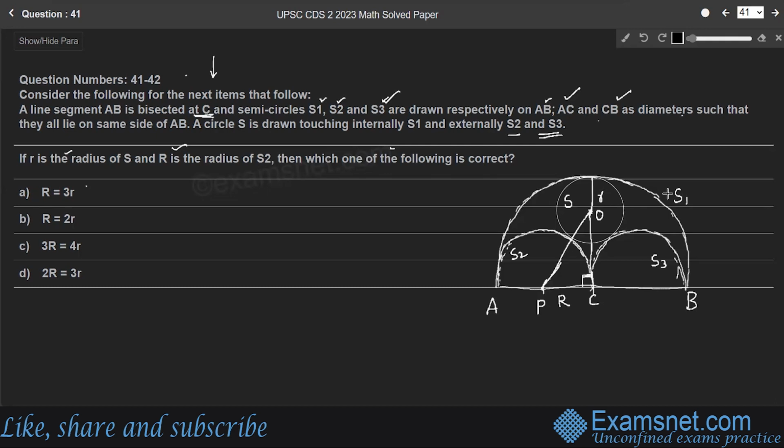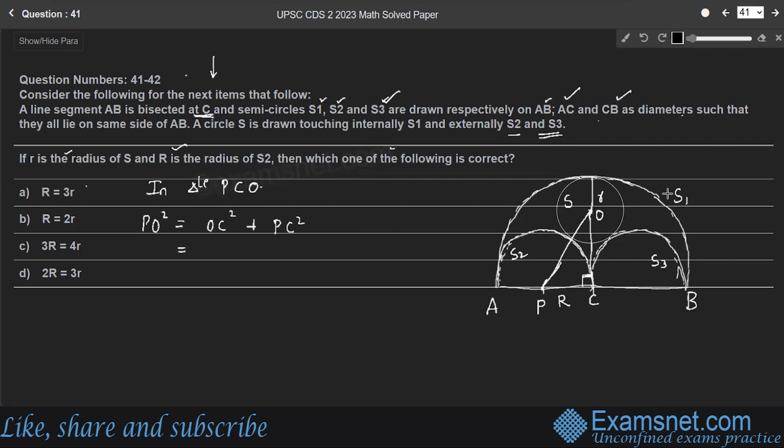Angle at C is 90 degrees. Using Pythagoras theorem, we can relate small r and capital R. How do we relate that? In triangle PCO, apply Pythagoras theorem. PO square is equal to OC square plus PC square.